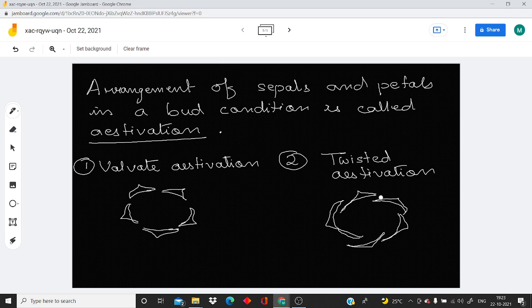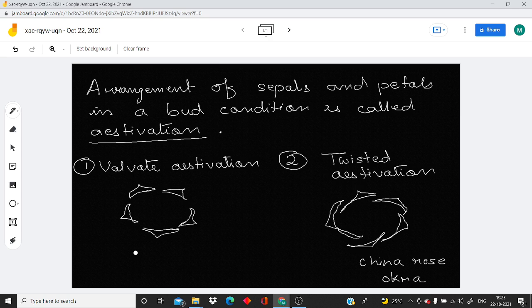Okay, these are the petals and they are also free. Now sometimes they can be fused also from inside, but overall if this kind of arrangement is there, they will be called twisted estivation. Twisted estivation we find in China rose, okra. You know what is okra, bhindi.